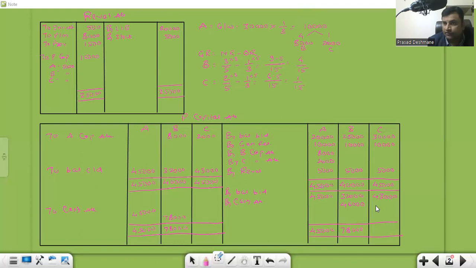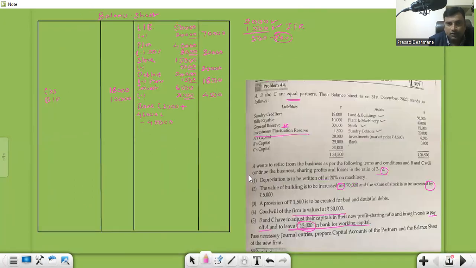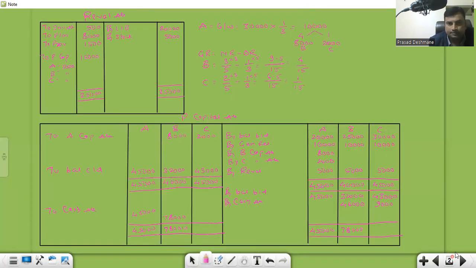Okay, so his new capital balance was 52 and his existing balance is 43. So he'll bring only 9,000. So this 9,000 will add to cash. Okay. Now we close this also.